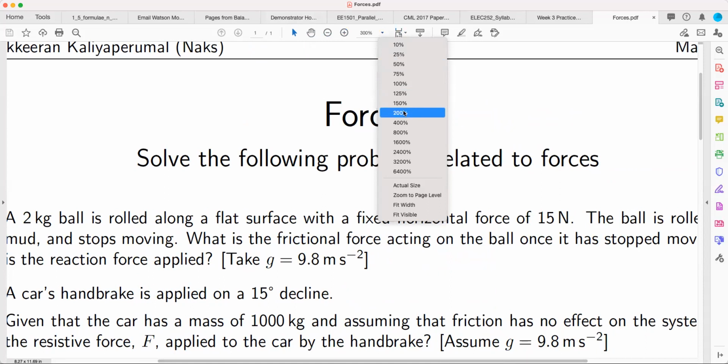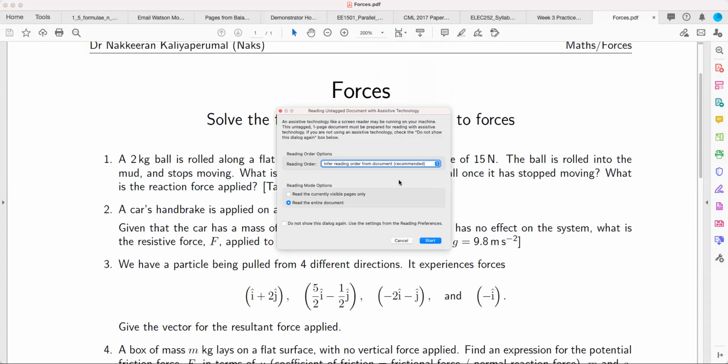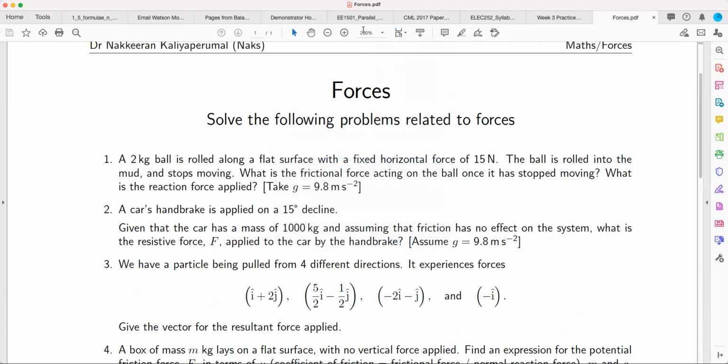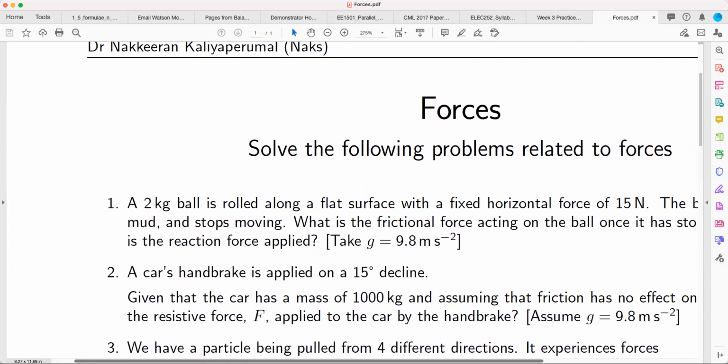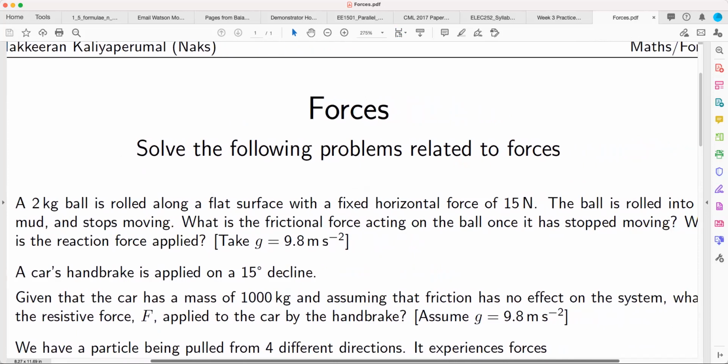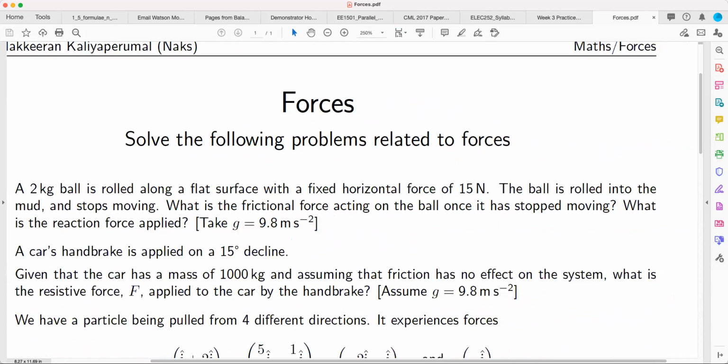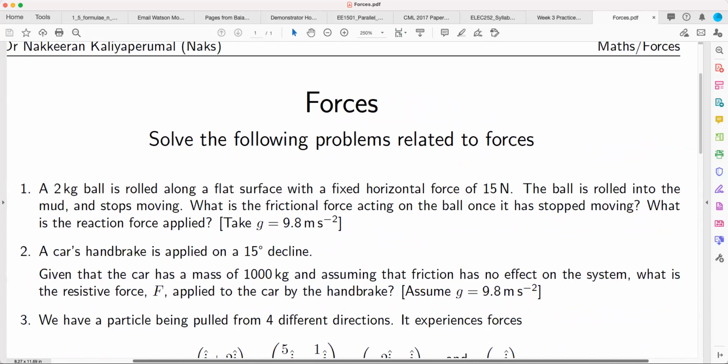Let's go to 200. That is too much. Too less also. So let's go to 275. This should be okay. No, 275 is also high. 15. Okay, can you read the first one? Yes.